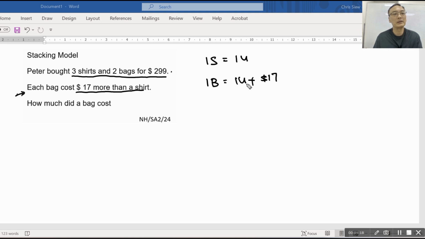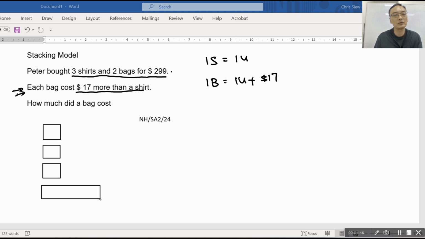So this is the basic information that we derive from this statement. Okay, based on the earlier statement, we know that 3 shirts and 2 bags will cost Peter $299. So we will draw 3 shirts. Okay, this is 1, this is 2, and this is 3. Right, so here we have 3 shirts and we have 2 bags.